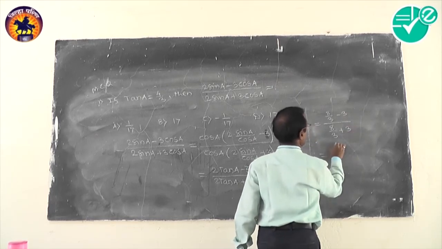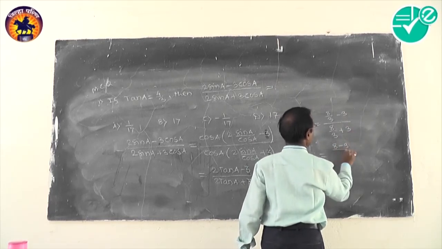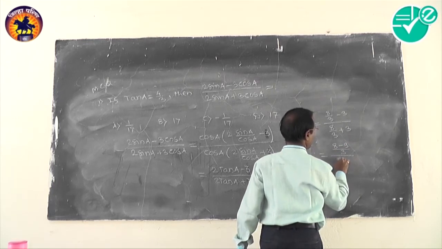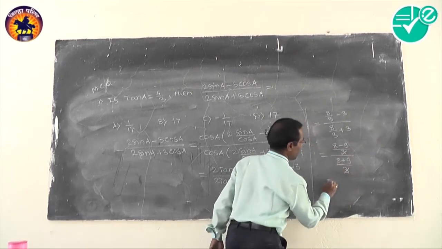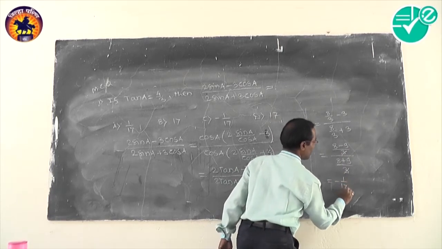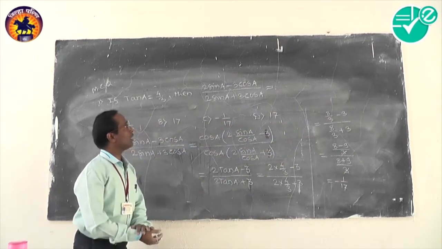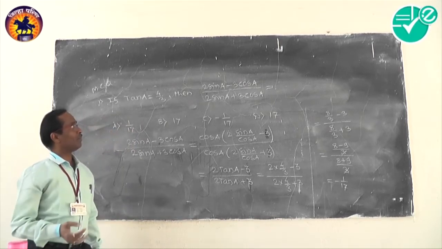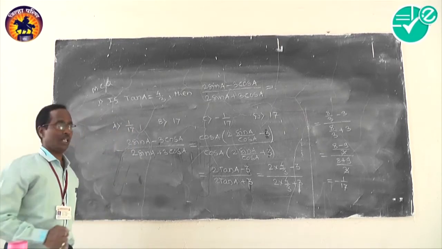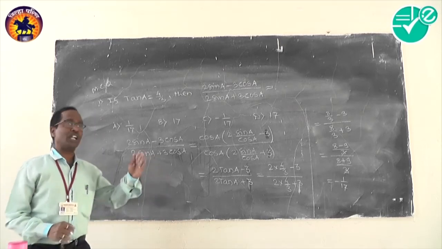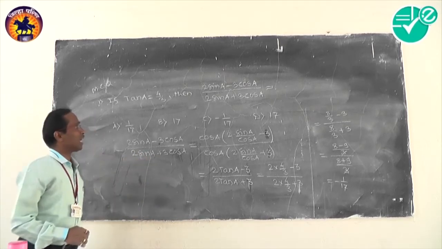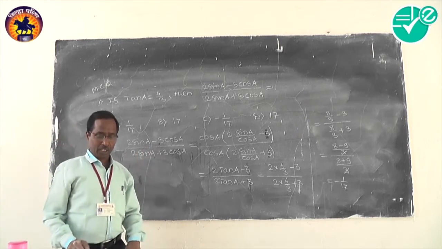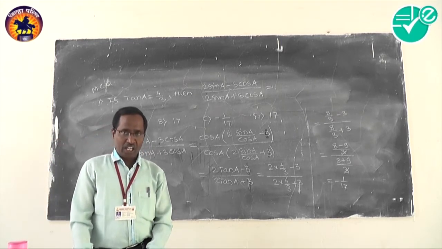We get 8 minus 9 upon 3 divided by 8 plus 9 upon 3, 3 will get cancelled, and we get minus 1 upon 17. So this is the value of 2 sin A minus 3 cos A divided by 2 sin A plus 3 cos A. Without applying the fundamental identity, we can find the value of the given trigonometric expression.